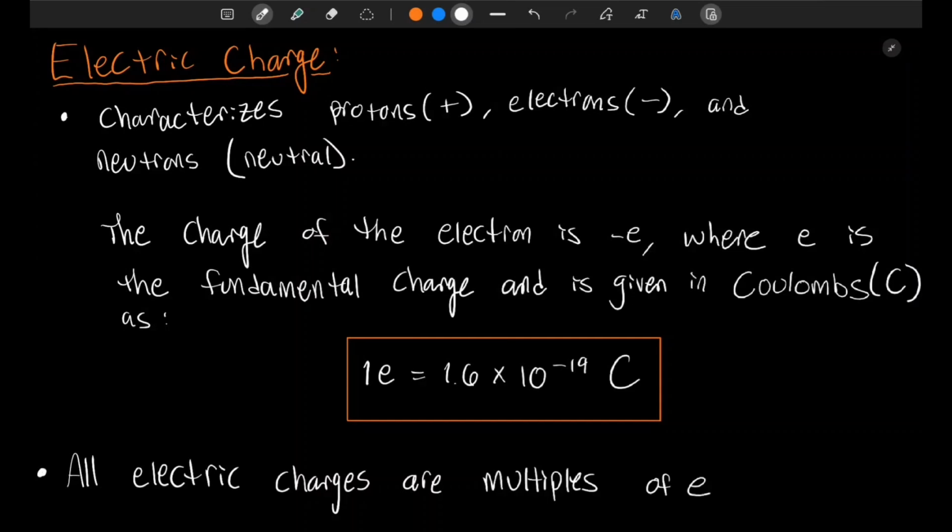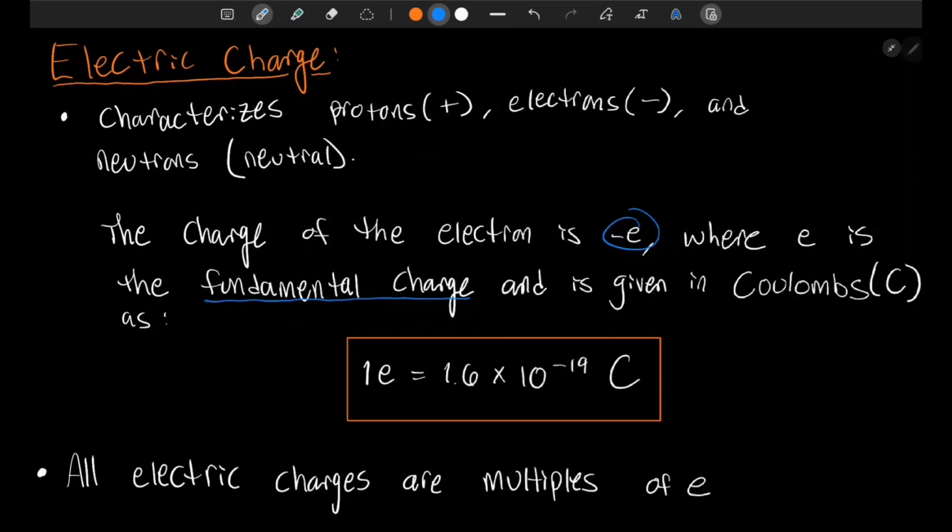And the charge of an electron, which here we call negative E, so that's what this negative E is. It's the charge of an electron. E here is called the fundamental charge. So this is a very important concept in electricity and magnetism.